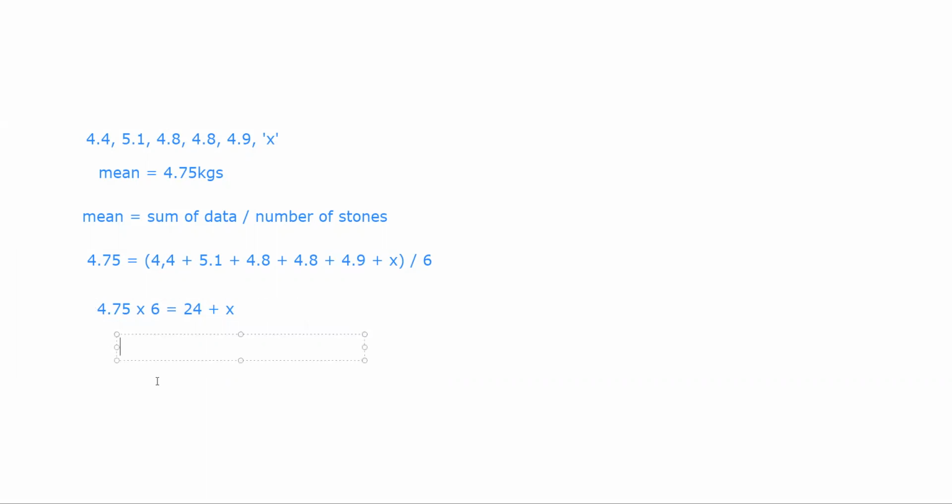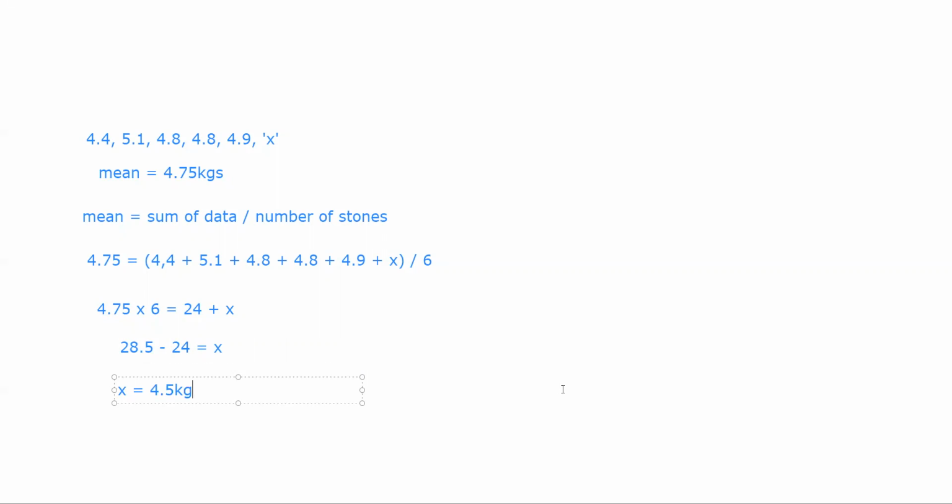So we can write 28.5 here, and we can subtract 24 from it, and that would be equal to X. So the weight of the 6th stone would be equal to 4.5 kgs.